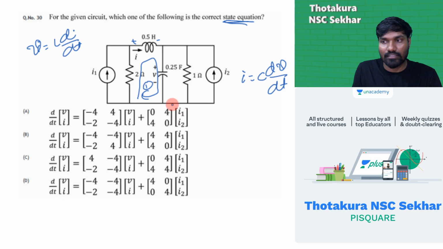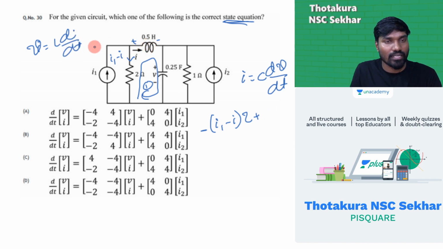First loop, if I take current, this is I1. I1 is entering here, I is leaving, so this current must be I1 minus I. So if I write the KVL, minus (I1 minus I) into 2 plus VL, which is L di by dt.